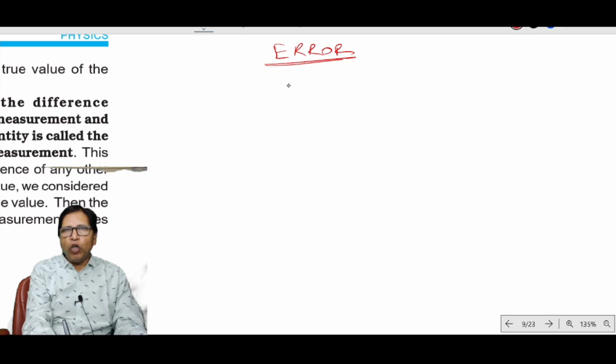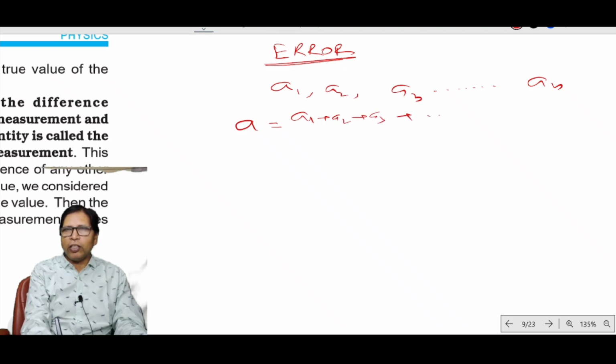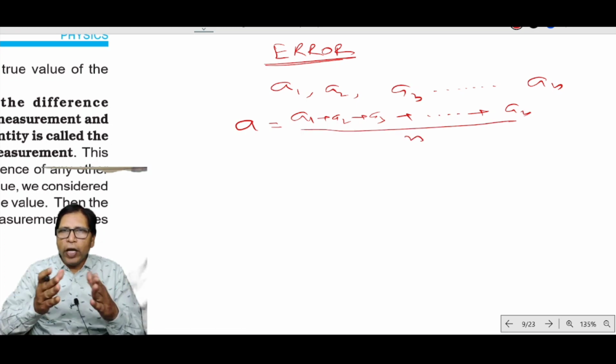Suppose the measured values of a physical quantity are A1, A2, A3, up to AN. So the average value of the measurement A equals A1 plus A2 plus A3 plus up to AN, divided by N. So the average of the measured values is called the correct value.